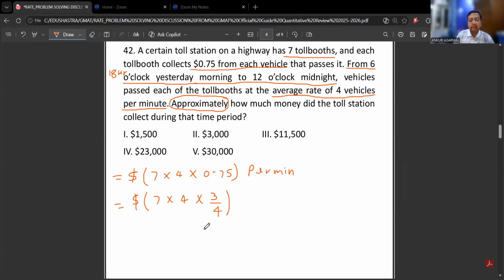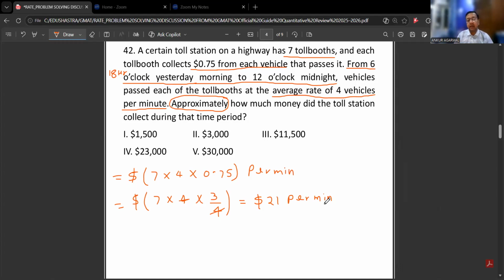Okay, so canceling this part, 7 multiplied with 3, which is $21 per minute. This much money we are taking for 1 minute.